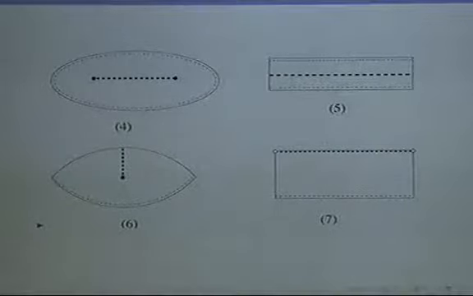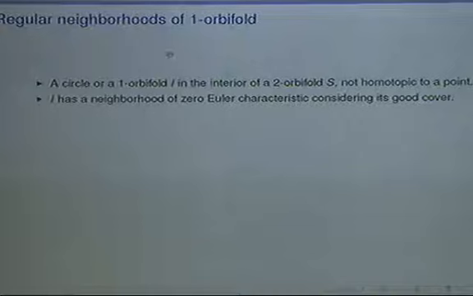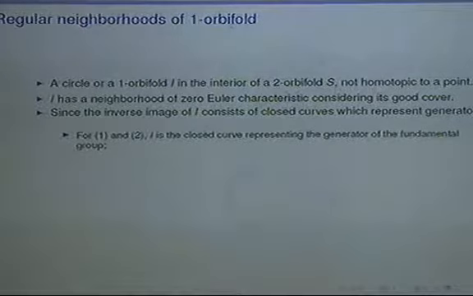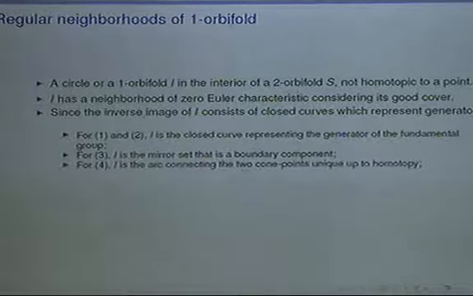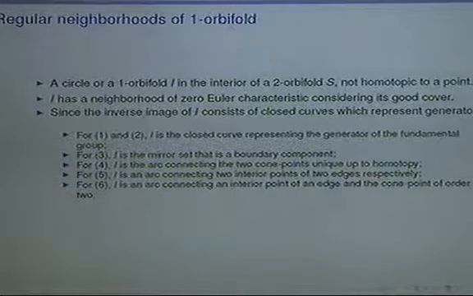So it's just paper folding, and basically, if you have a 1 orbifold in the 2 orbifold, then you can find the Euler characteristic 0 neighborhood. It's called the regular neighborhood here. And I drew that, so how these kind of 1 orbifolds can occur. So for 1 and 2, it's going to represent the generator.